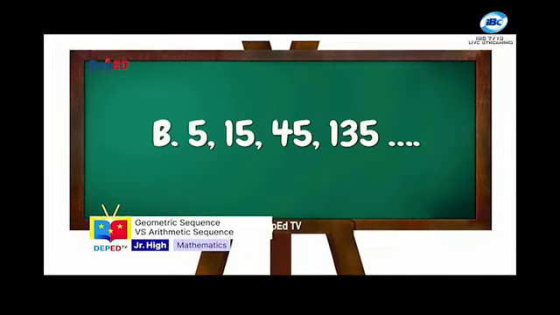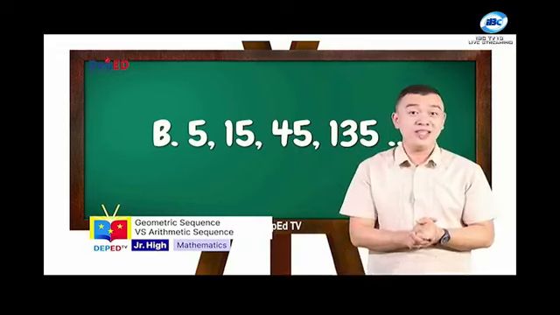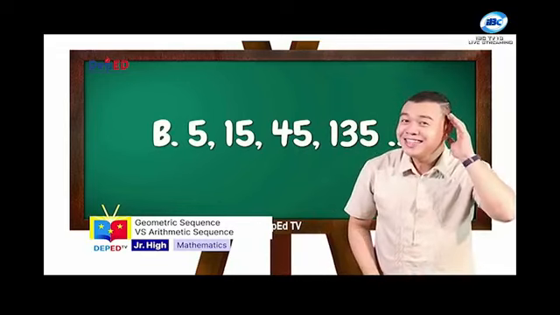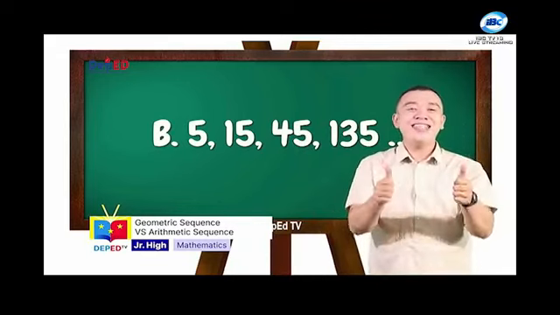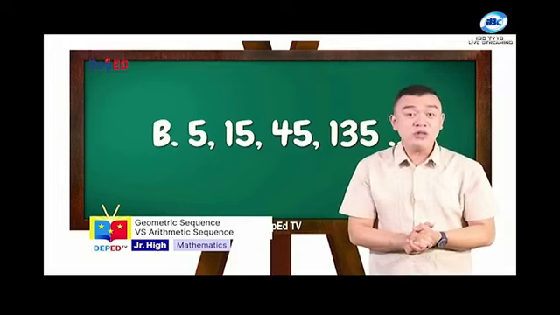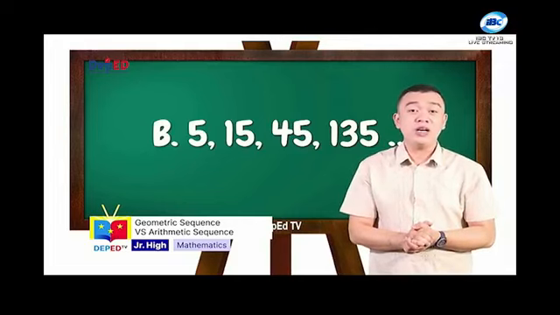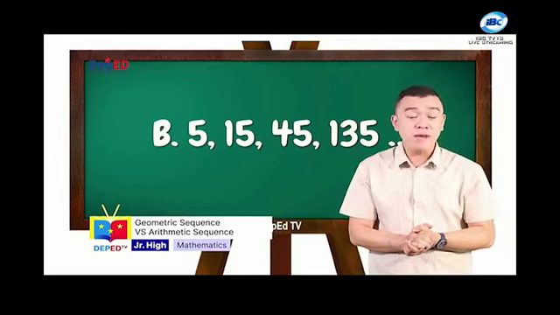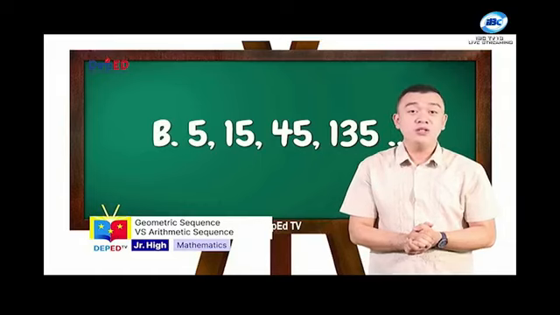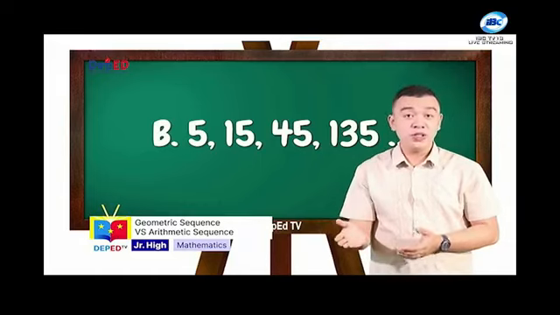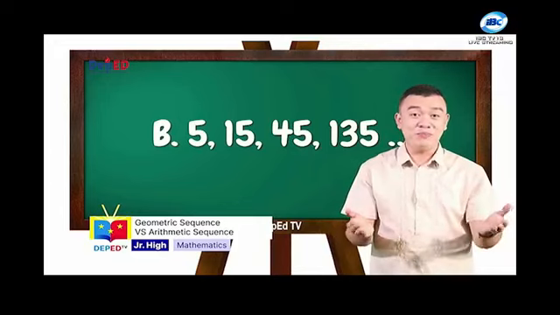For sequence B, 5, 15, 45, 135, and so on is what type of sequence? That's right! It is a geometric sequence because a common ratio 3 is multiplied to the preceding term to get the succeeding term.